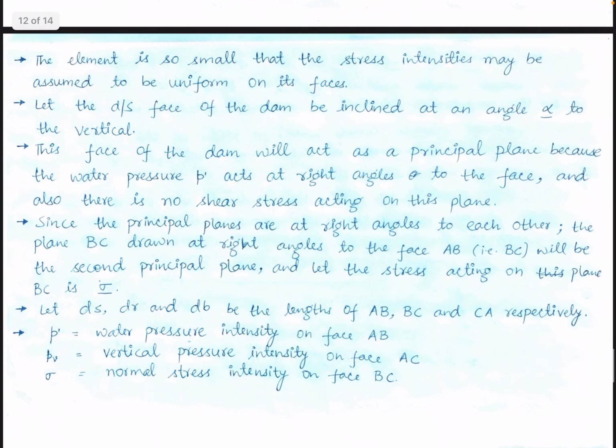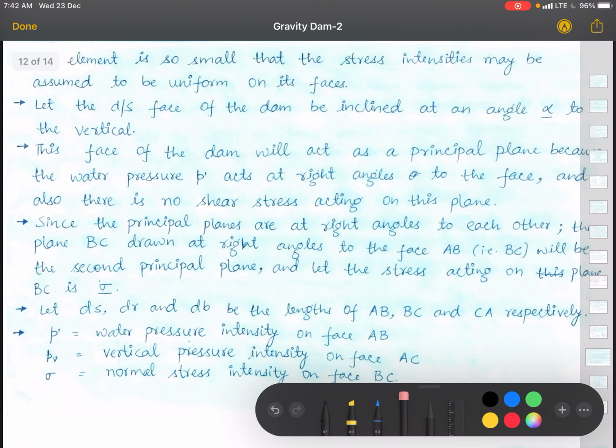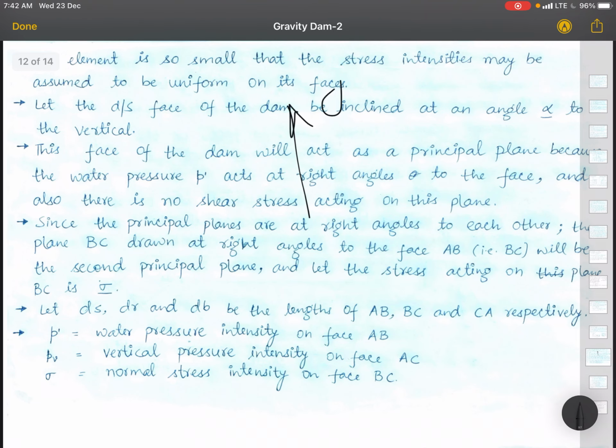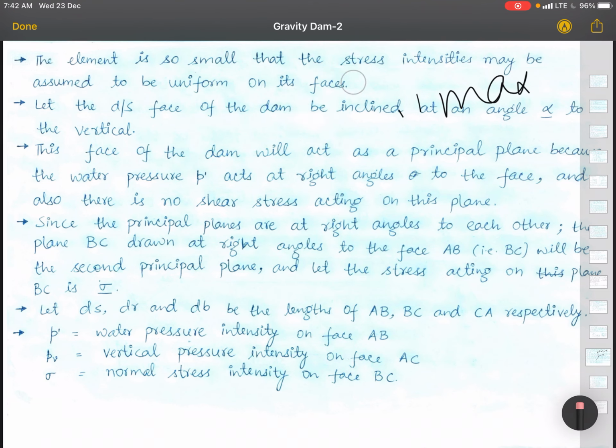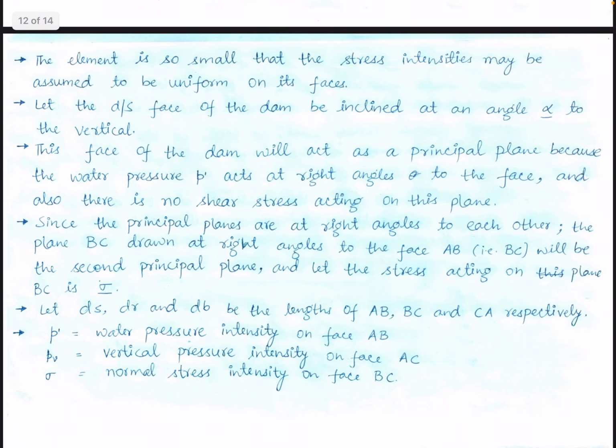One more thing I want to say: if this is sigma normal max, meaning this is the major principal axis, then the minor will be at 90 degrees. It can be in any plane, but the angle between minor and major will always be 90. And the second condition was tau should be 0. So we have used these two conditions to figure out that the upstream face is nothing but the principal plane.